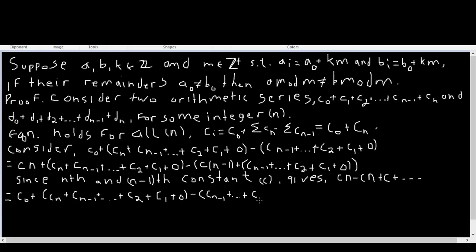And then, after simplifying, C sub n minus C sub n just goes to 0, and then we have C sub 0 plus C sub n plus C sub n minus 1 plus dot dot dot C sub 2 plus C sub 1 plus 0 minus the same expression except for the C sub n term.